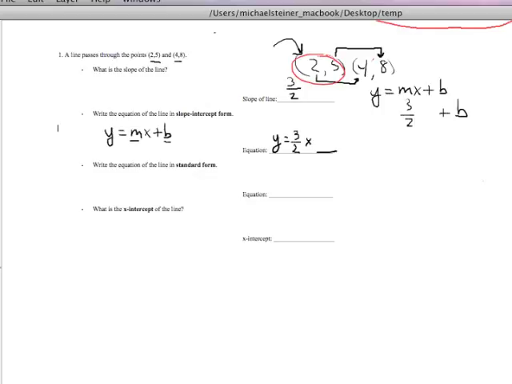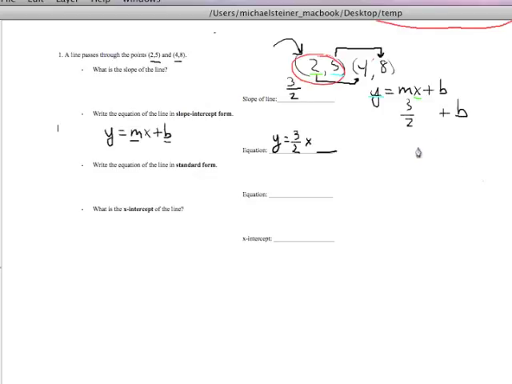Here is our x, and here is our y. I'm going to put it in for y, and I'm going to put it in for x. And look, after I put those in, I'm just going to be able to solve for b.